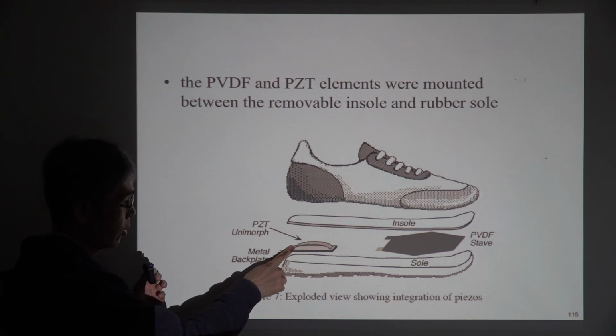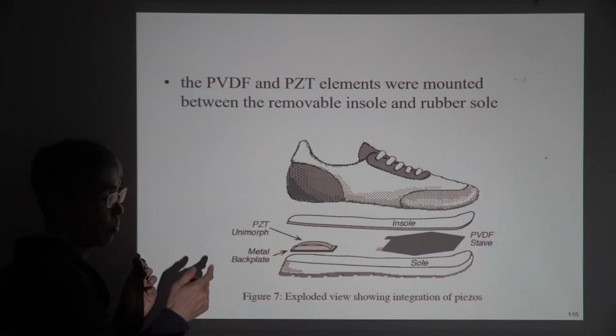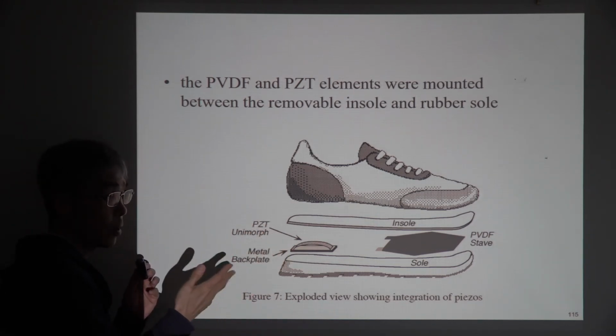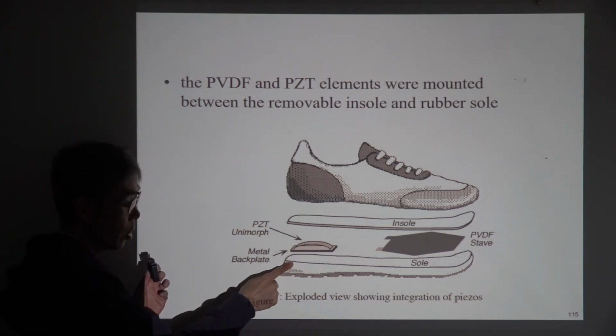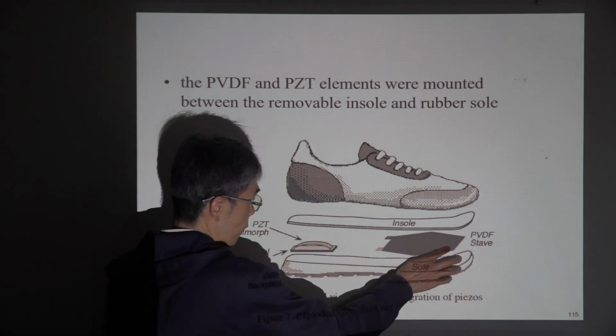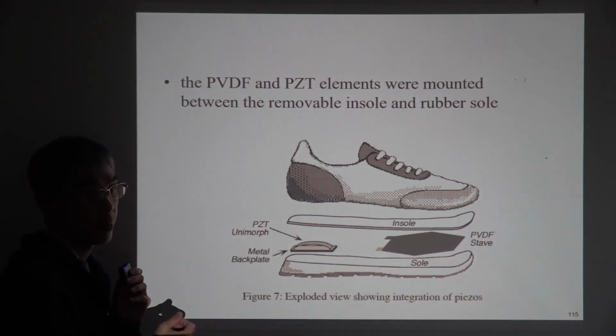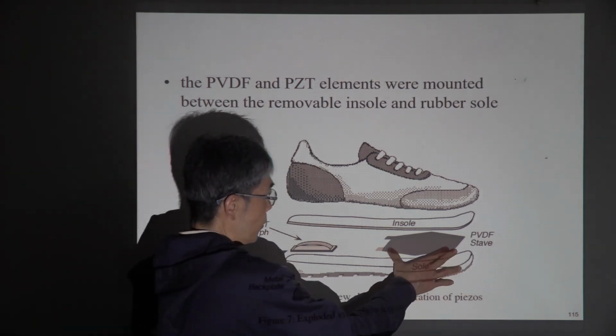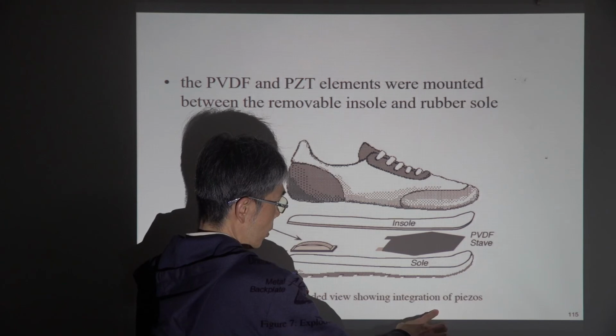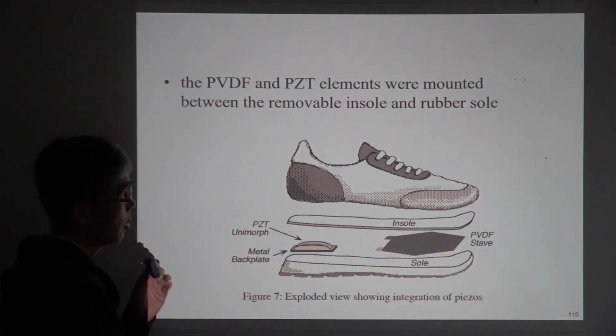So here, because PZT is a relatively hard, fragile material, we put it near the heel. And PVDF is a soft material; it can be bent easily. So we put the PVDF material in the front of the sneaker.